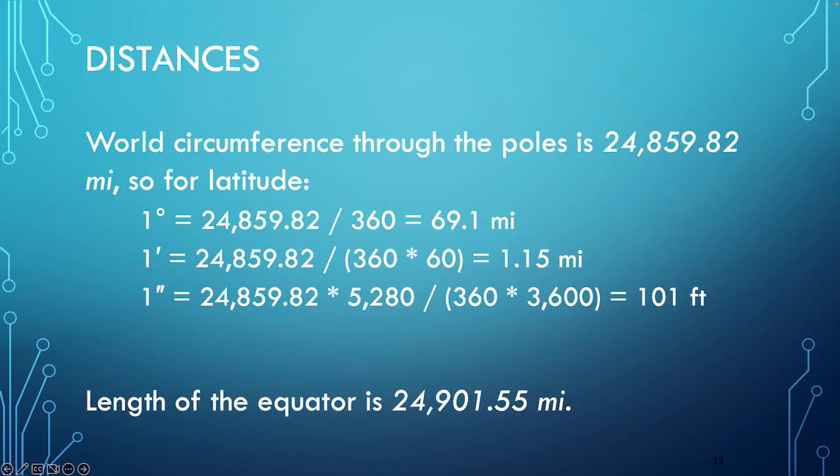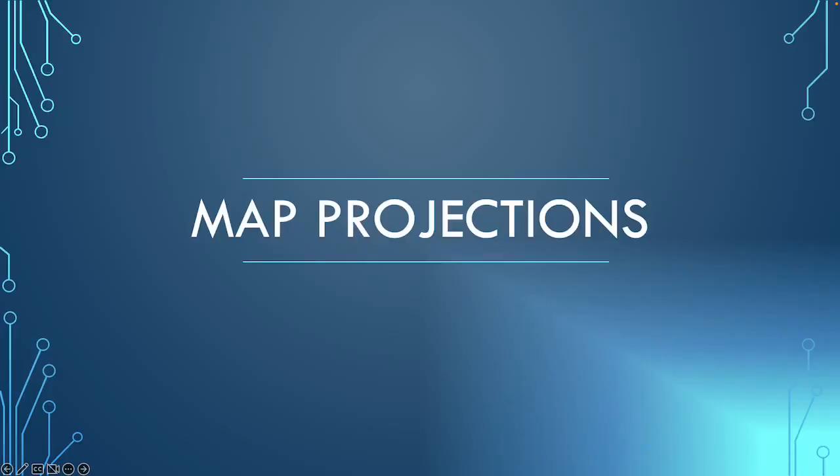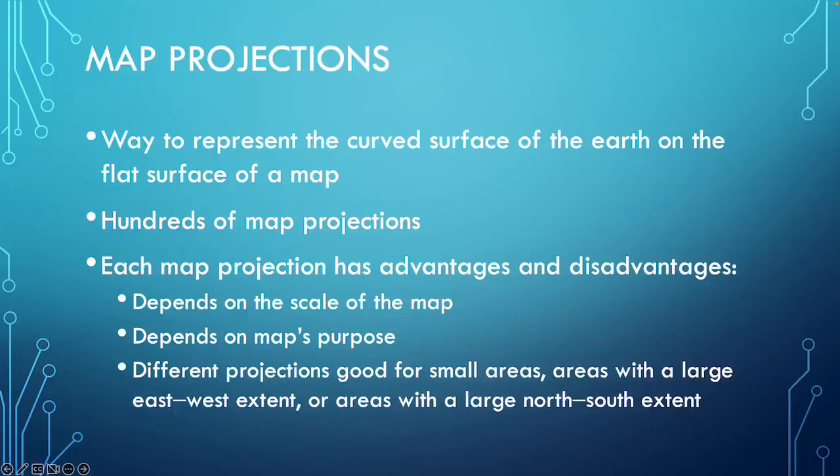Okay, so we have some basic things. We have our spherical coordinates that we use, latitude and longitude, to point out where we are on the globe. But we're going to need to convert that, and we're going to need to think about making a map from the globe. And that's where map projections come into play. Map projections are something that mostly happens in the background, although it can make a big difference in how your map looks, because this is a way of representing the reality of Earth.